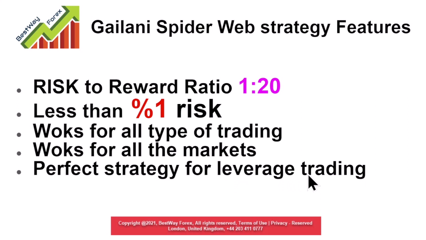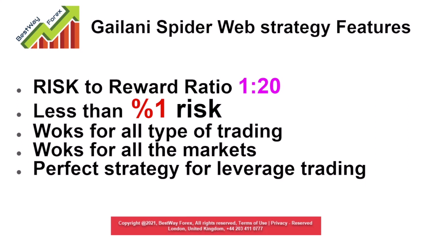If you are trading CFDs, futures, or spread betting, whatever, all these derivatives or leveraged trading, this strategy is the perfect one. For example, sometimes when I trade crypto on the Binance exchange, I start with 3x using this strategy, then it goes up to 200x, but I still lose only 3x.